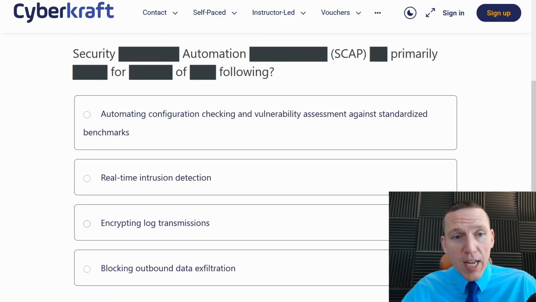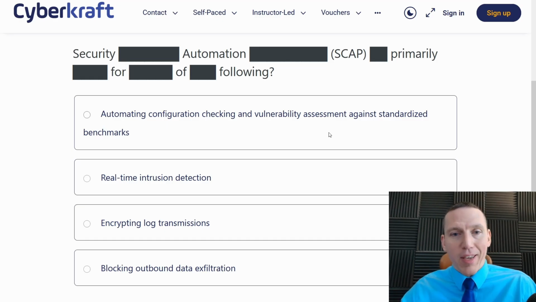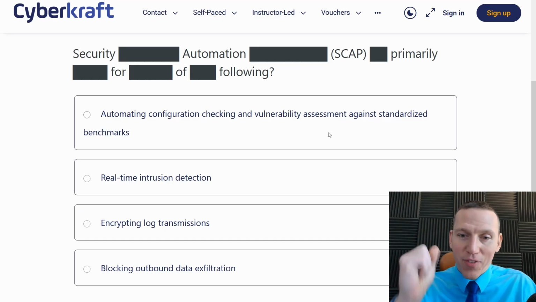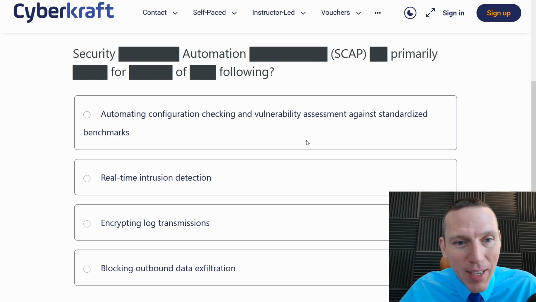This is a really tough challenge. All right. Okay, SCAP. So we got that. SCAP is primarily used for which of the following? It's the first question that I got the full question from. SCAP is used for which of the following?